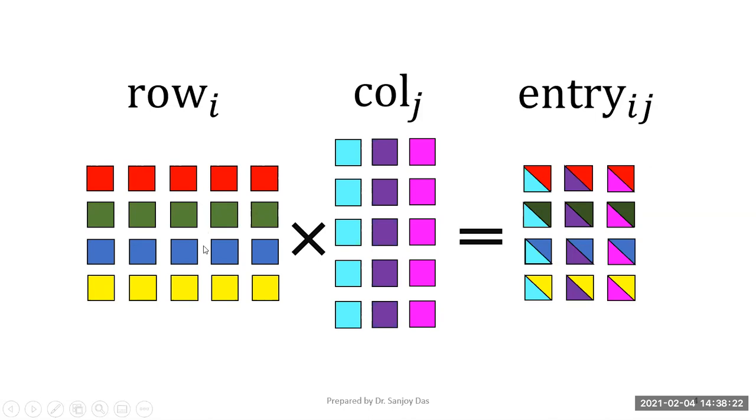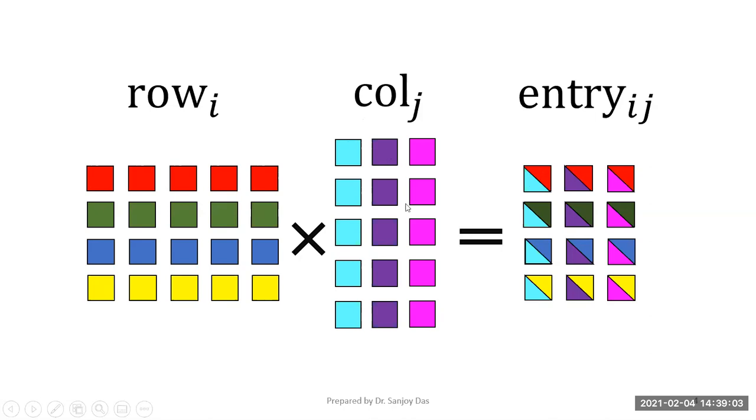So it's a 4 by 3 matrix. And how do we multiply? We take the ith row from the first matrix on the left-hand side and the jth column from the second matrix to get the entry ij. For instance, take the first row, which I've colored red, and the first column, which is cyan. Red and cyan give you this entry here.